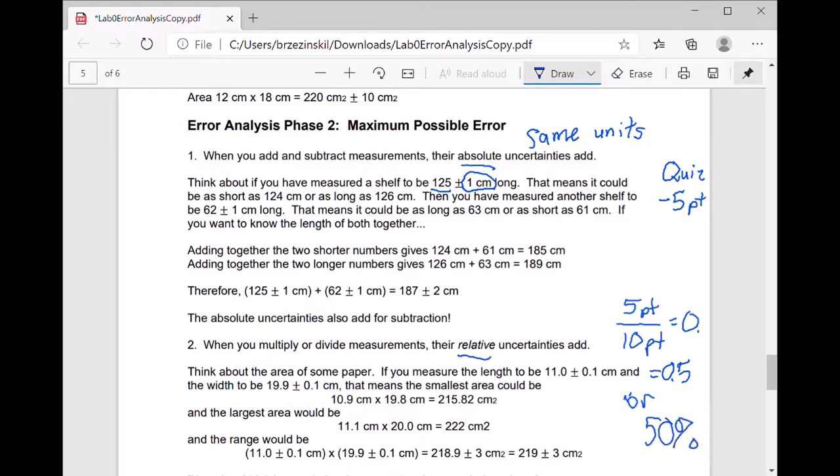So a lot of times the relative error that you have is expressed as a percent because then it's easier to compare to other things. So that would be a percent. We no longer have the units, the centimeters, we have percent.